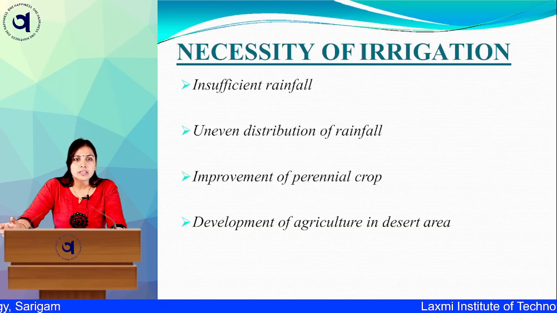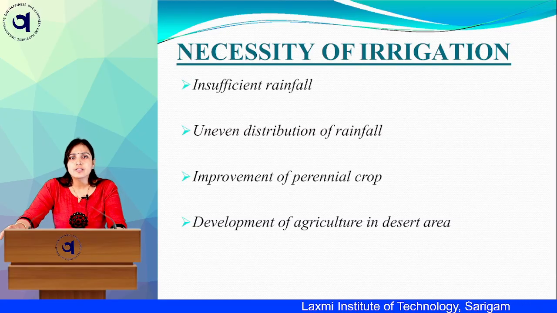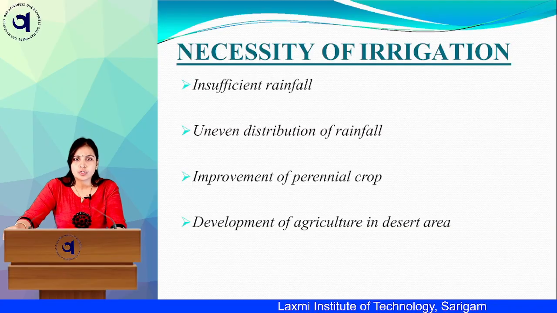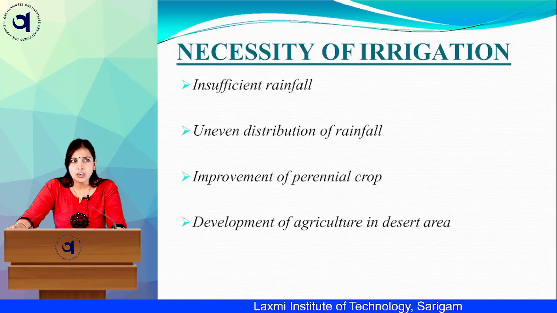If there is insufficient rainfall, the amount of water required for the crop is not satisfied, then we need irrigation. Then uneven distribution of rainfall.